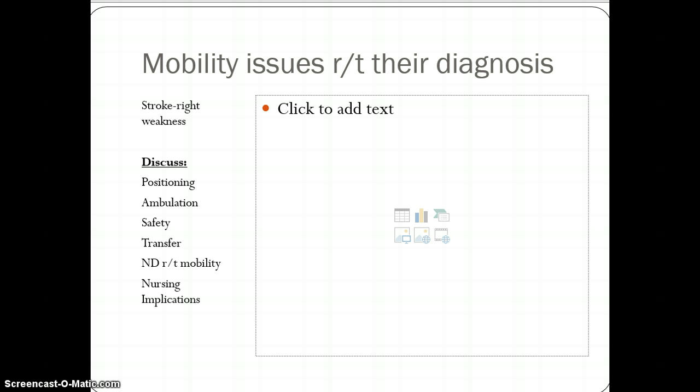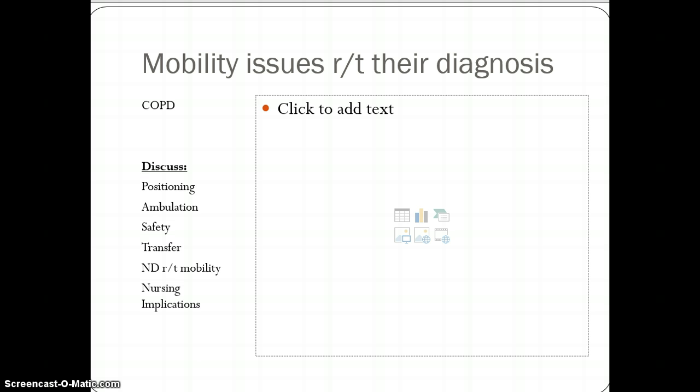Nursing diagnoses that fit with the patient with a stroke are things like impaired physical mobility, activity intolerance, disturbed body image, risk for injury, and again, impaired skin integrity would be a nursing diagnosis that might fit with your patient that's had the stroke.